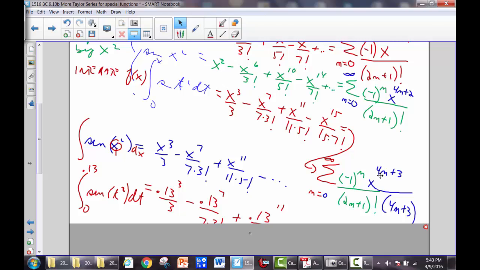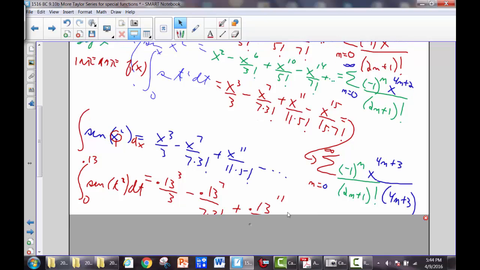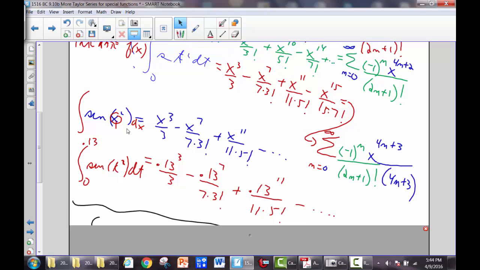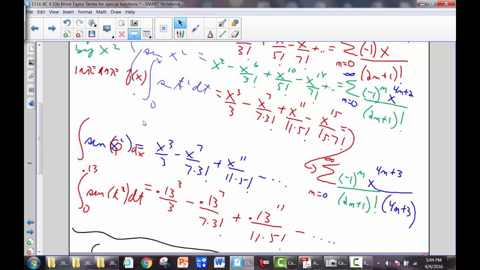Now this is interesting because over here, this is your constant. Here you're going to integrate x to the 4n plus 2, which will give x to the 4n plus 3 over 4n plus 3. Now we're going to replace that x by 0.13.